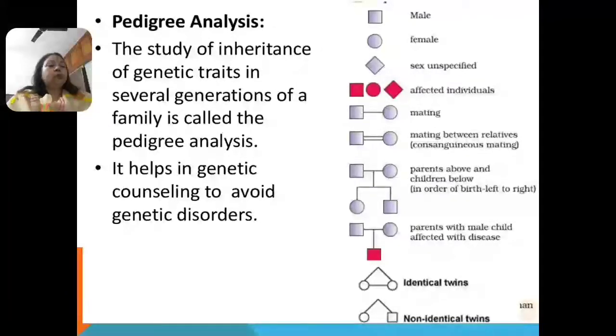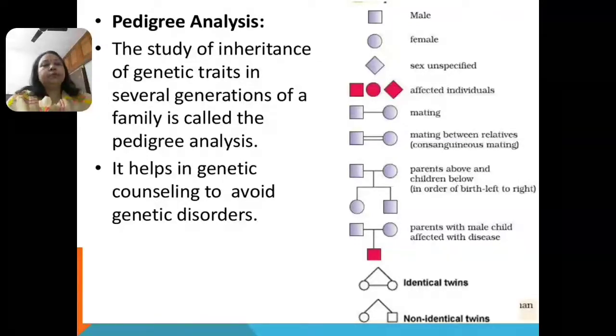Once phenotypic data is collected from several generations and the pedigree is drawn, careful analysis will allow us to determine whether the trait is dominant or recessive. So it is a very helpful process in genetic counseling to avoid the genetic disorder in the coming generations of a family.